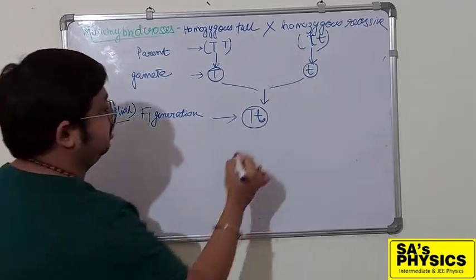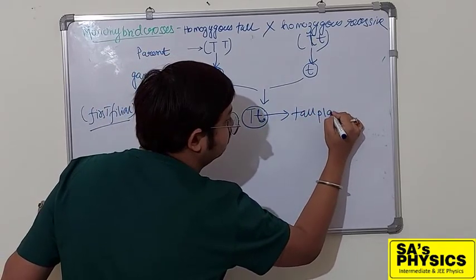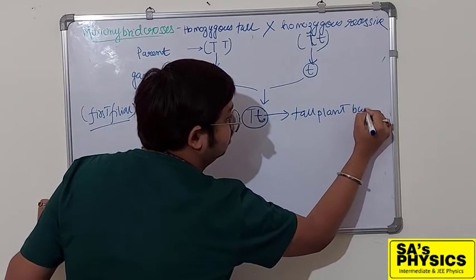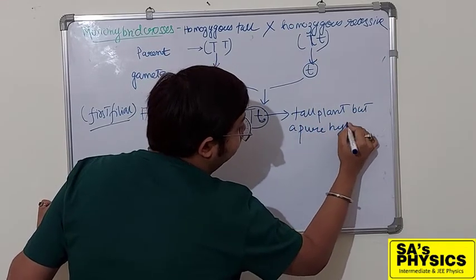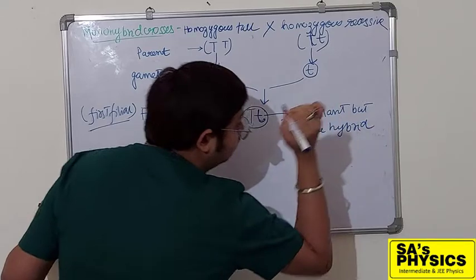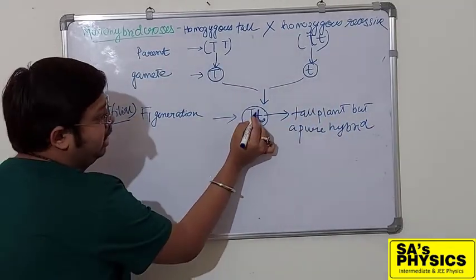So the F1 generation will be tall plant but a hybrid. Tall plant but a hybrid. Why hybrid?